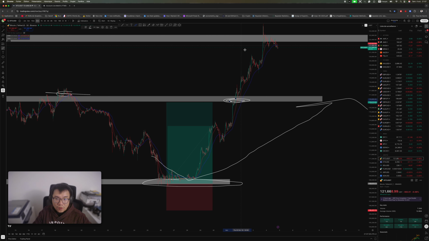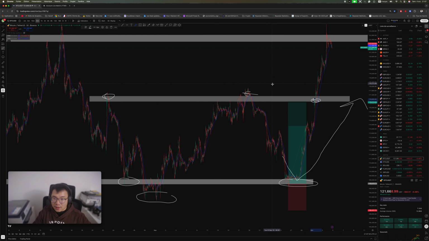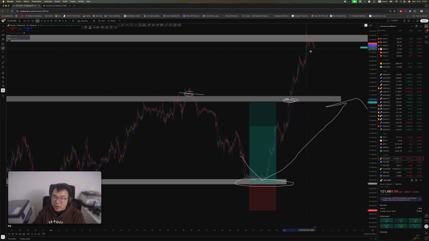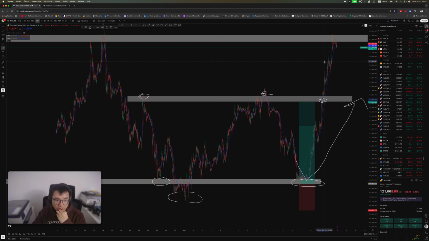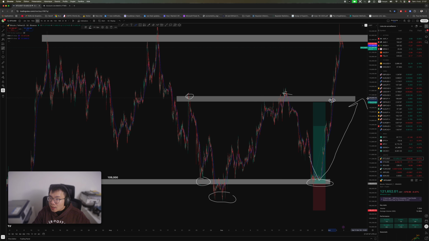If I had managed the trade more closely, I think I could have made at least 2R more. So that was a very costly mistake from my side. That was my first setup.